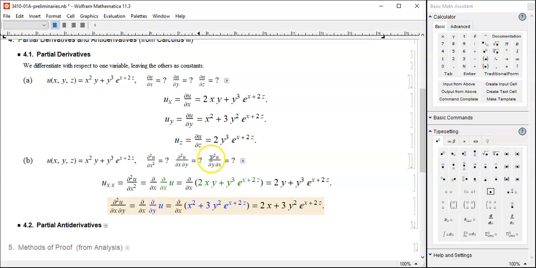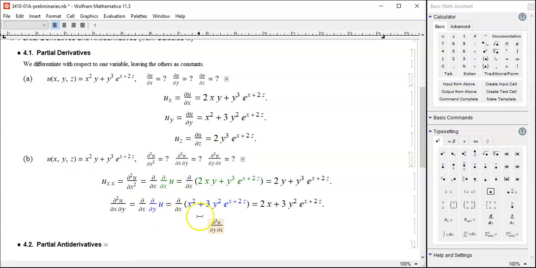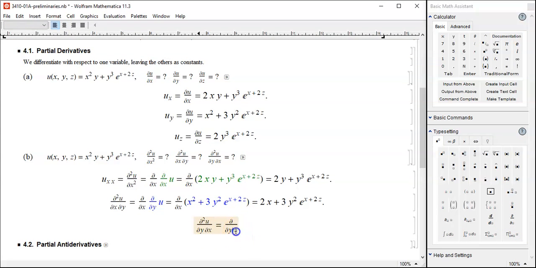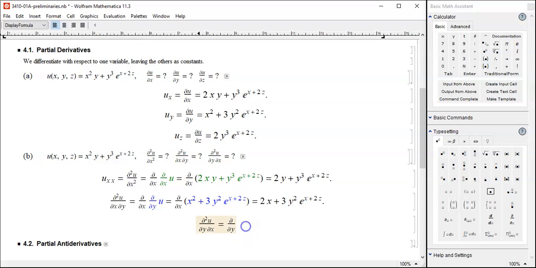Now how about the other derivative? This one is actually the other way around. We have to take the derivative by x first.